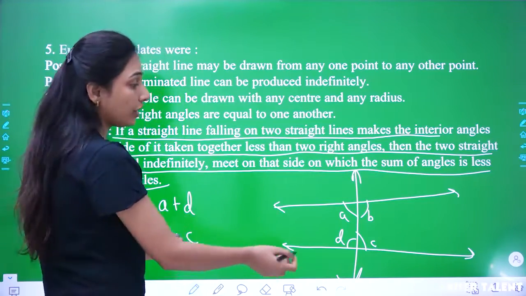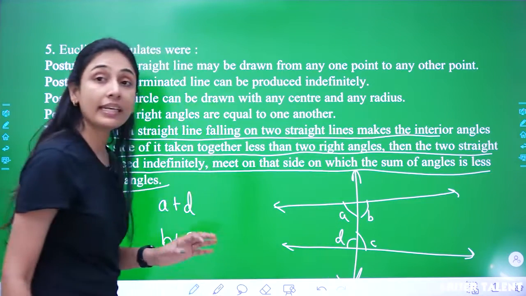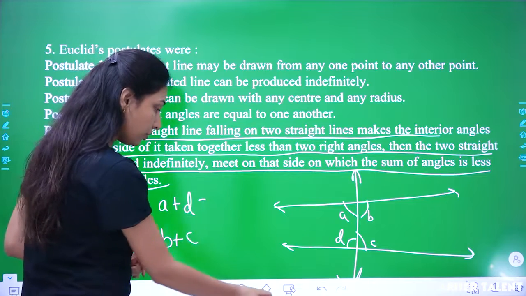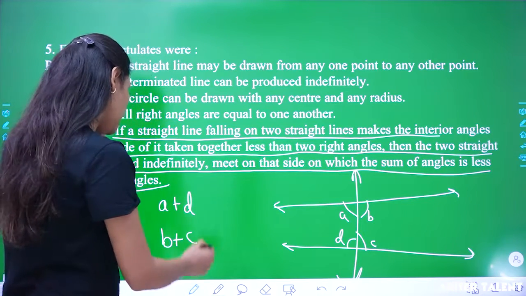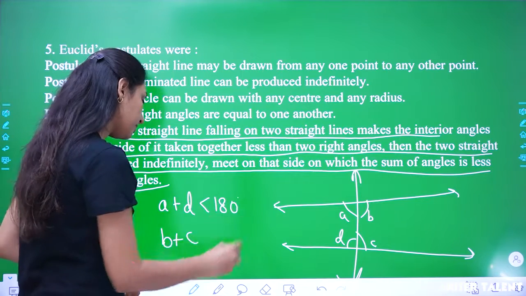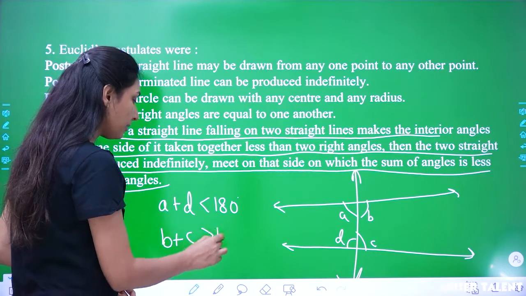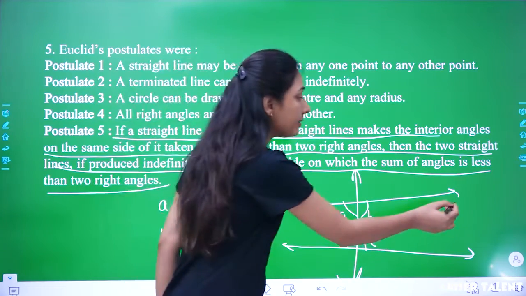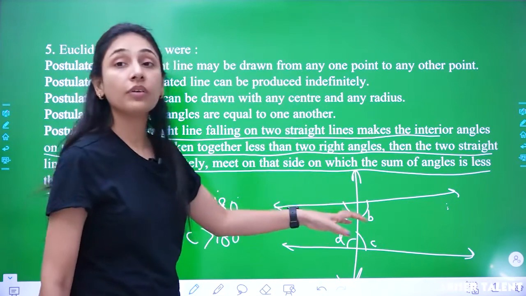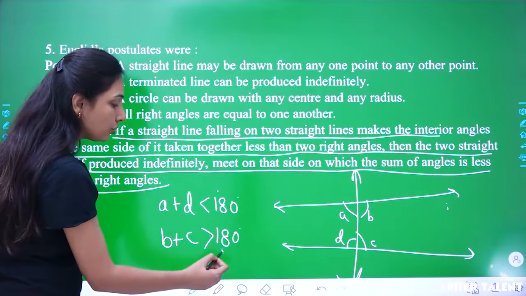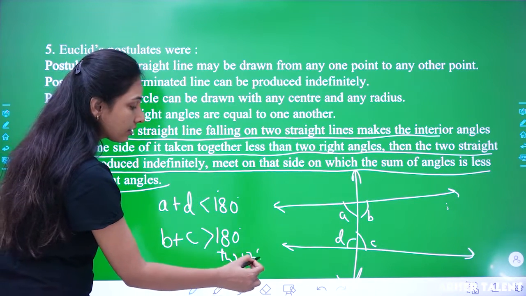If I'm adding A and D, this is going to be less than 180 degrees, and this is going to be more than 180 degrees. And that side, where it is more than 180 degrees, or you can say more than two right angles.